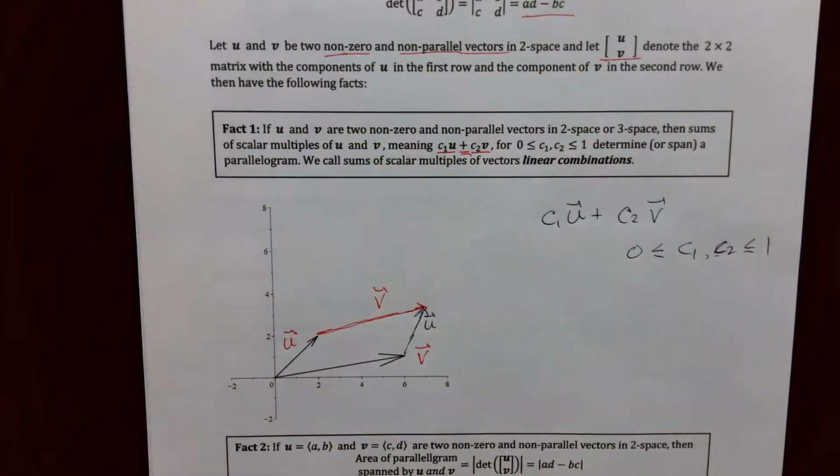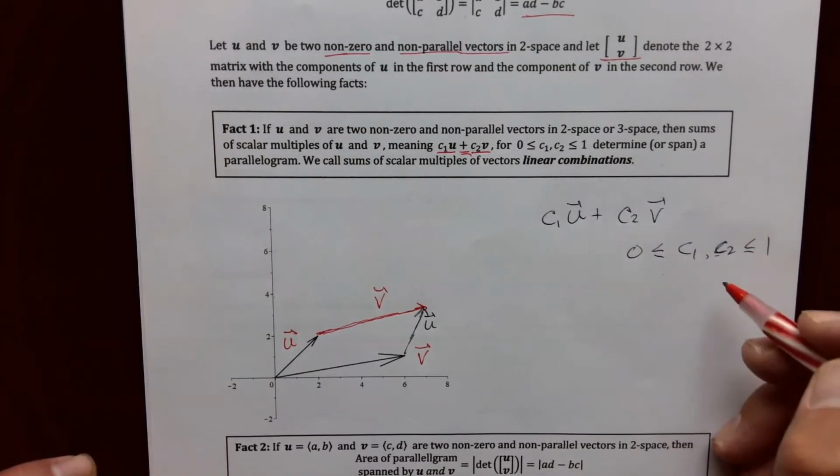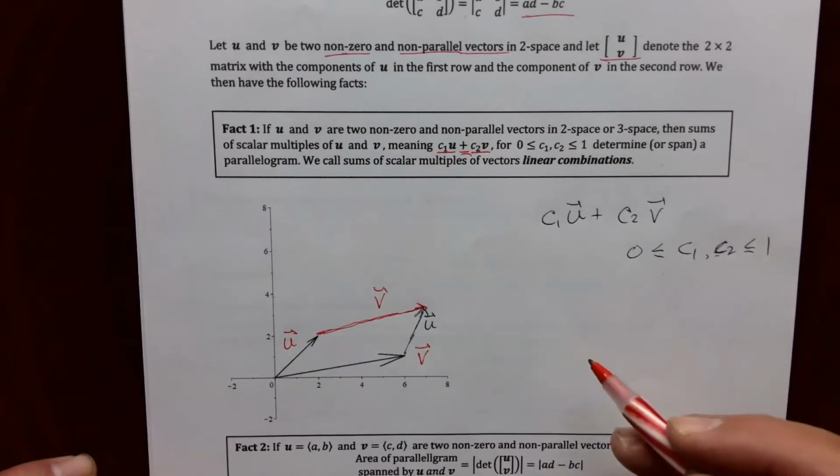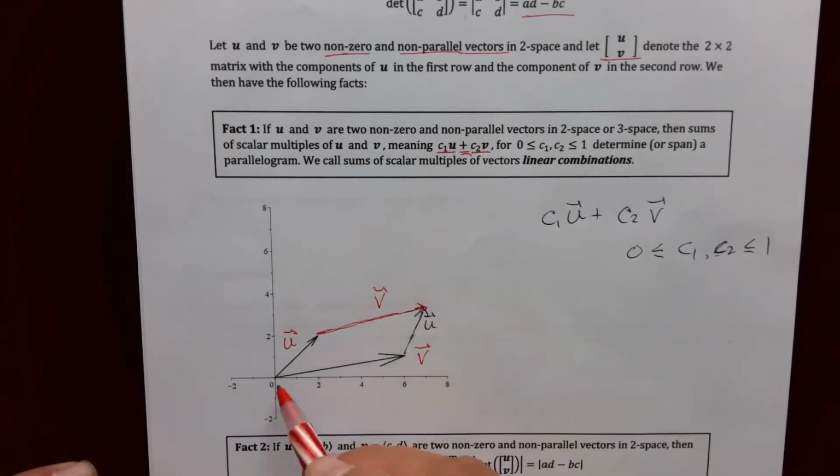I'm a little short on my length there, but that's what it would be like if we had C1 and C2 both be 1. We would get the vector going all the way out from the origin to there.